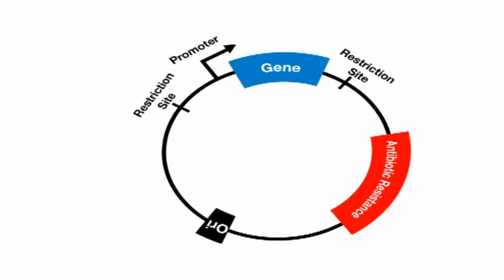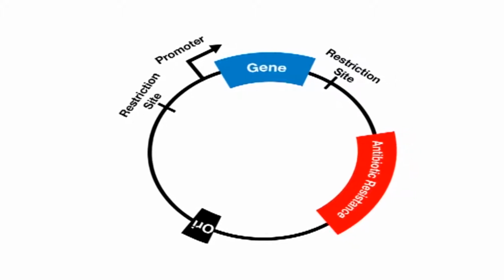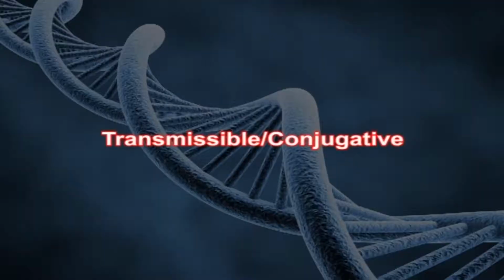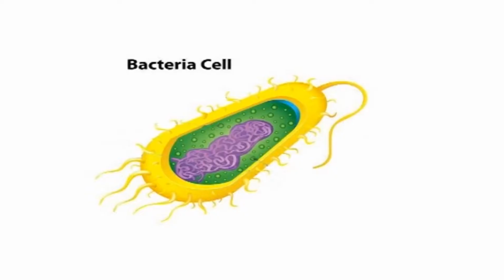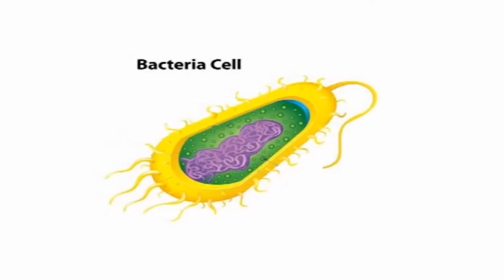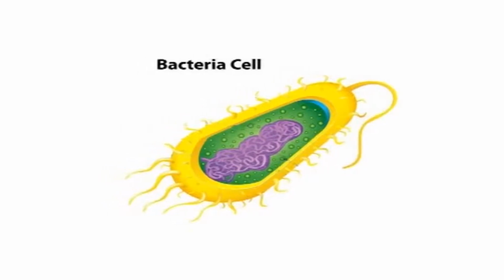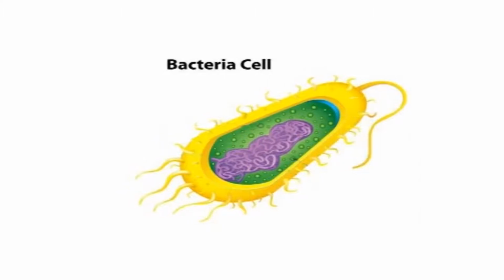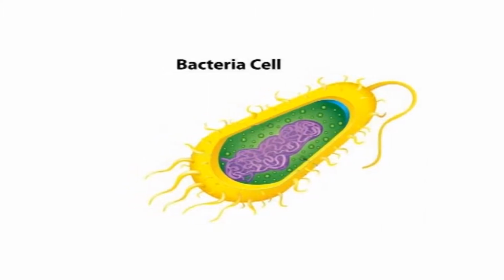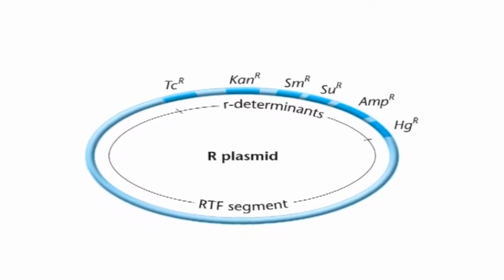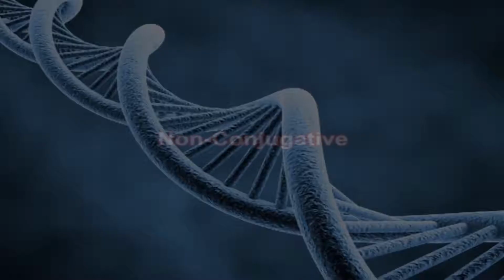The plasmids may be transmissible or conjugative, and non-conjugative. Transmissible or conjugative plasmids mediate DNA transfer through conjugation and thus spread rapidly among bacterial cells of a population. For example, F plasmids, many R plasmids and a few Col plasmids.